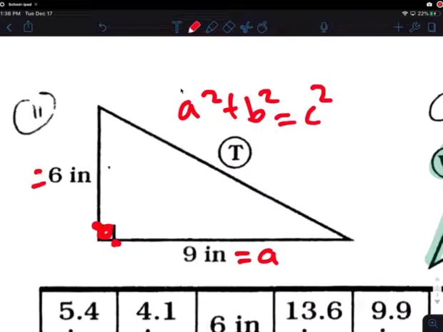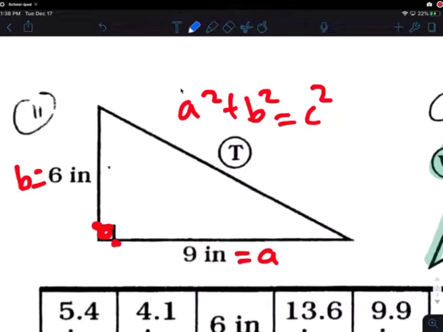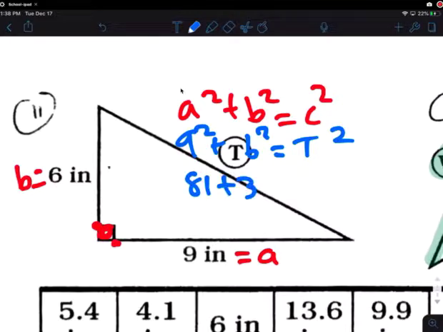They're called legs, okay? So 9 squared plus 6 squared equals t squared. 81 plus 36 equals t squared. C is t. Add them together, you get 117 equals t squared.